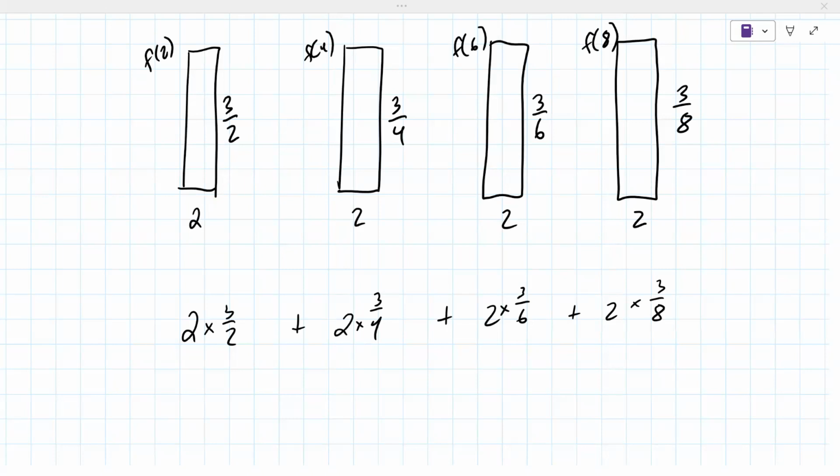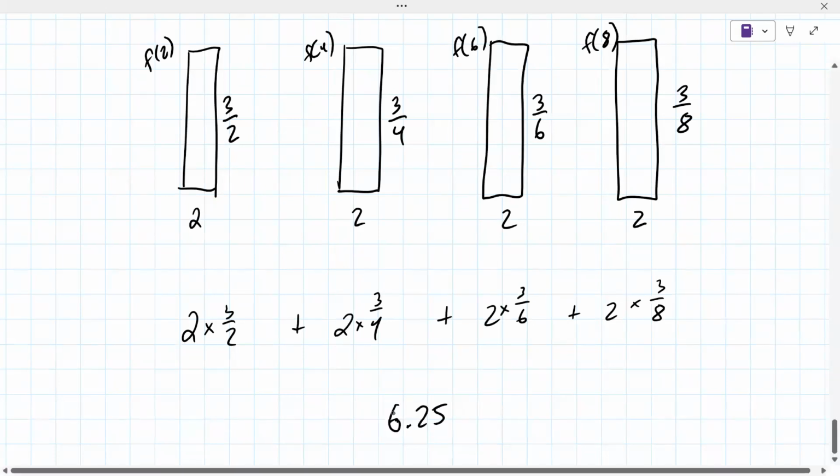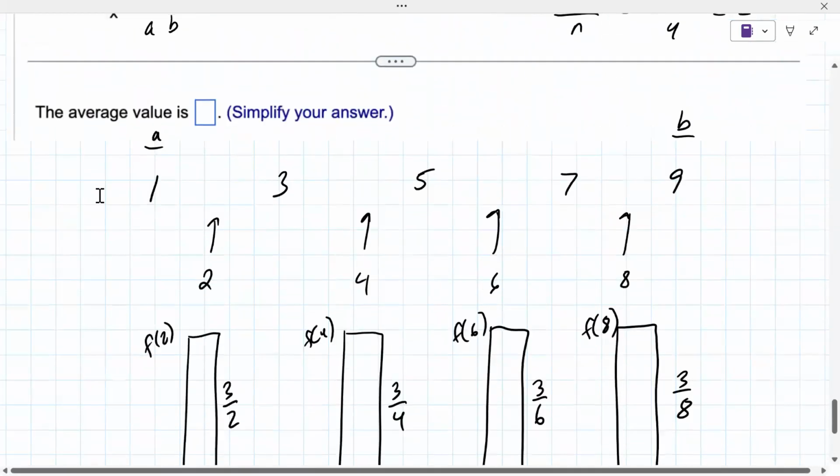I got 6.25. I got the same. Good. So normally that would be the answer, but there's the thing in this question, and that's what I was trying to check in here.